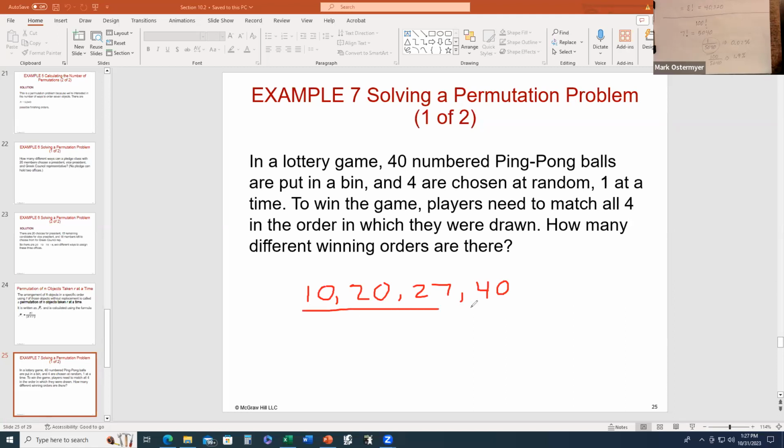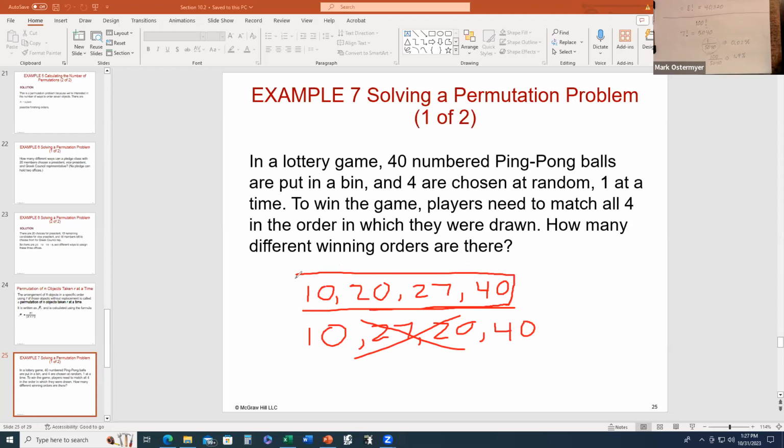If that's the winning ticket, and you had that specific order, you win the jackpot. If you chose a ticket that is 10, 27, 20, and 40, guess what? You don't win the jackpot because your numbers are not in the required order. Order matters here. You see that?